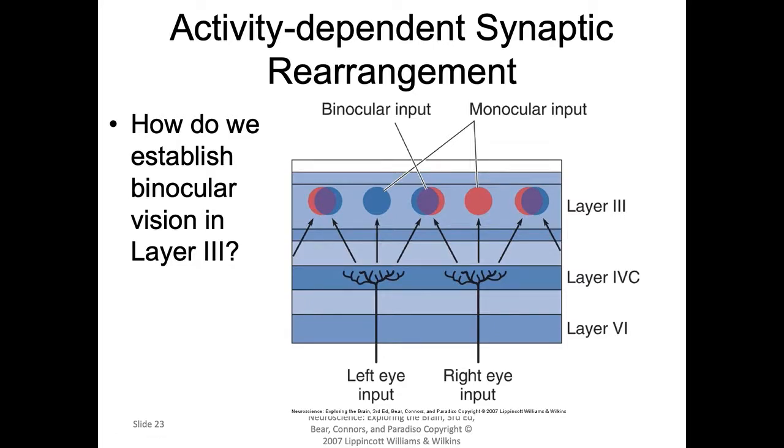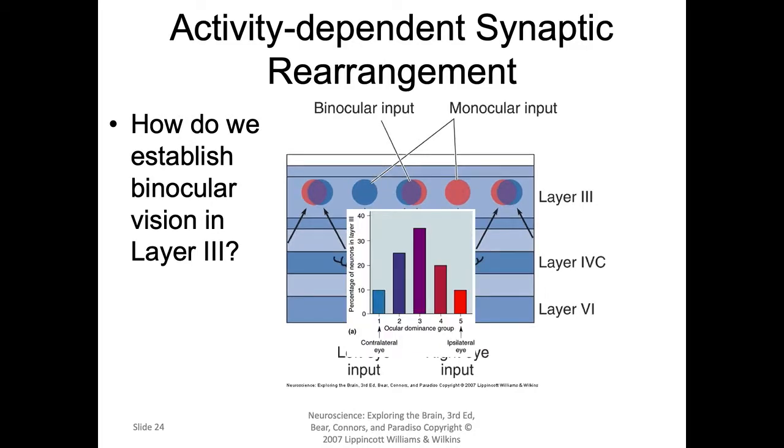So how is it then that you establish this binocular vision up here in layer 3? We talked about ocular dominance happening here in layer 4, but then we have binocularity occurring up here in layer 3. So how does this binocular part happen in layer 3? If you measure up there, what they did is they made a graph.